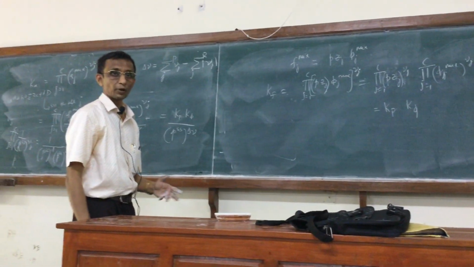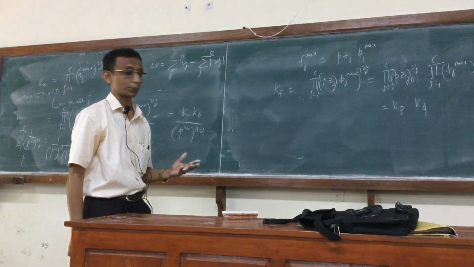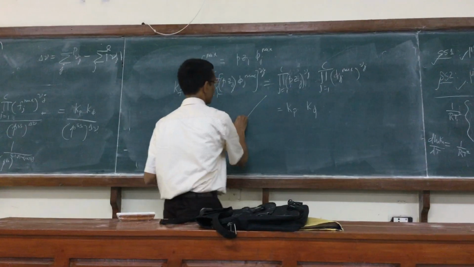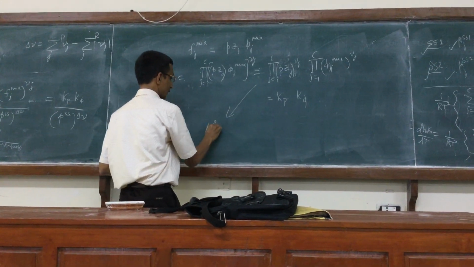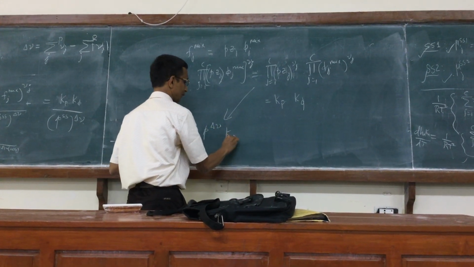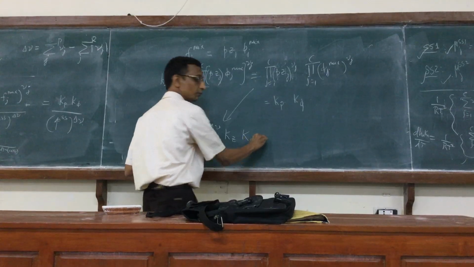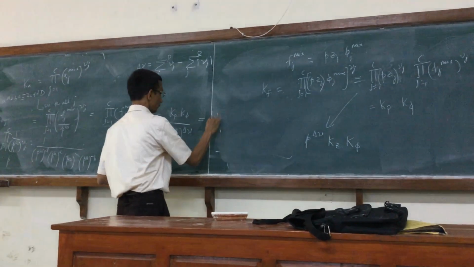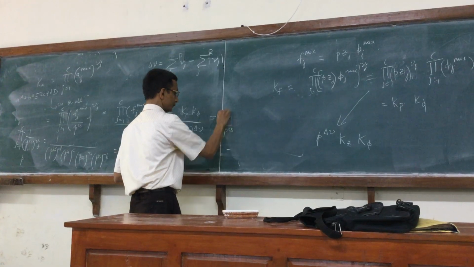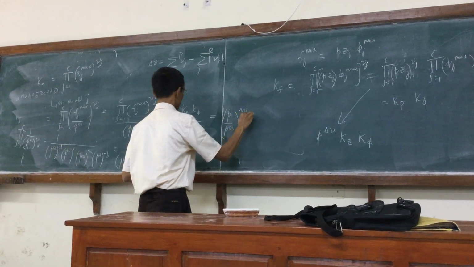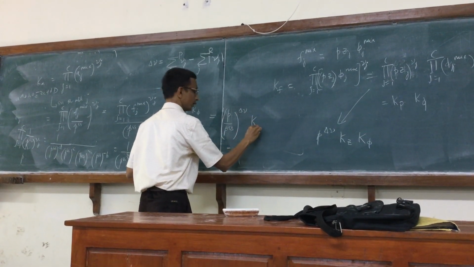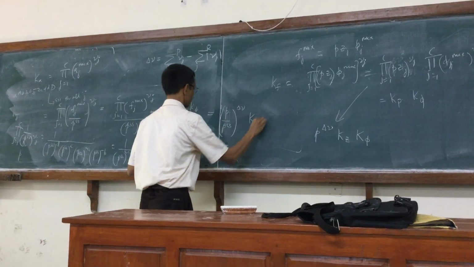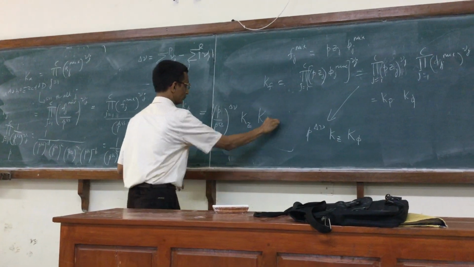Further, if we want to write it as a mole fraction based equilibrium constant, clearly this would be P to the power delta mu times Kz times K phi, in which case this would become P over PSS raised to the power delta mu times Kz times K phi.